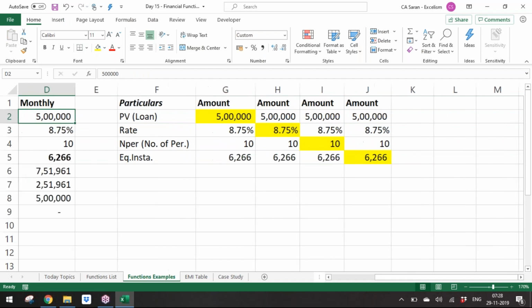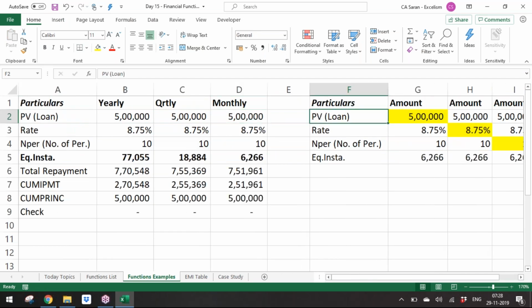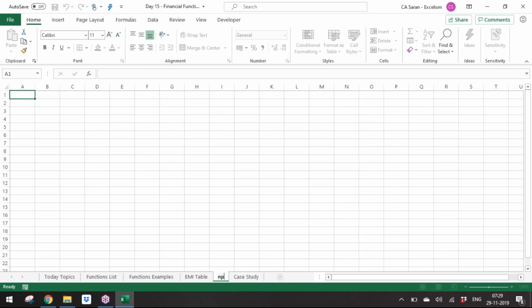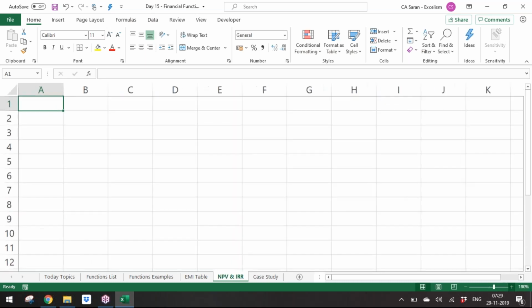I think I have covered most of the functions required. Let us look into the NPV and IRR.